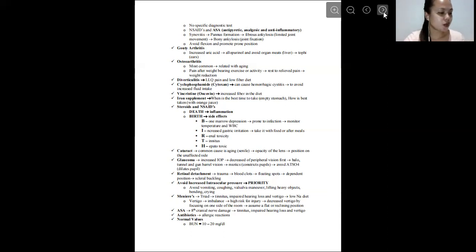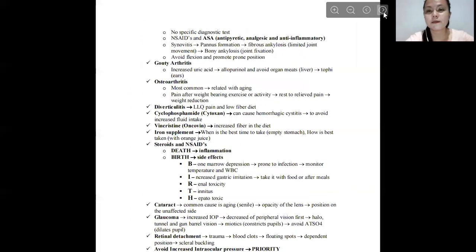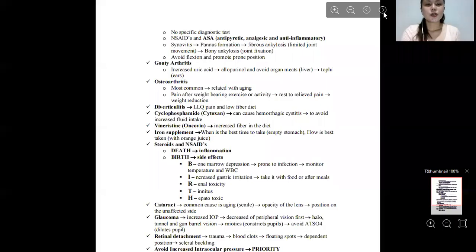Then diverticulitis, which is an inflammation. In diverticulitis, there is left lower quadrant pain, and a low fiber diet is advised. Diverticula are small bulging pouches in the digestive tract.